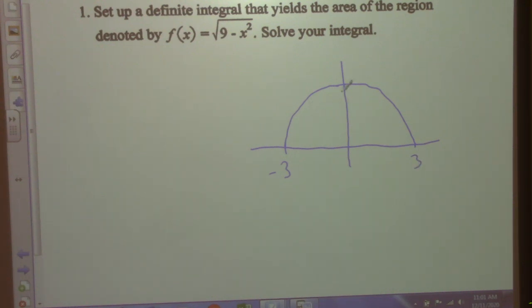And so what is this area going to be here? Area is going to be the integral of the square root of 9 minus x squared dx.